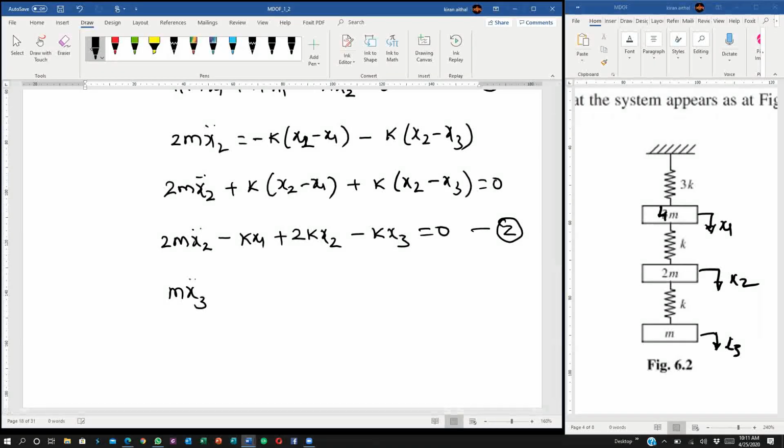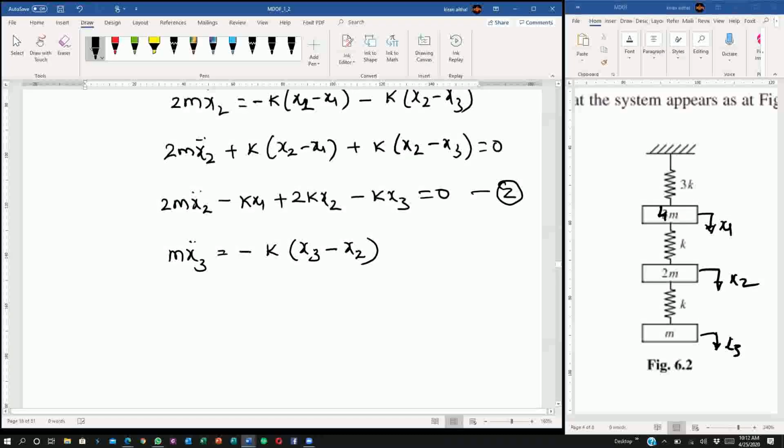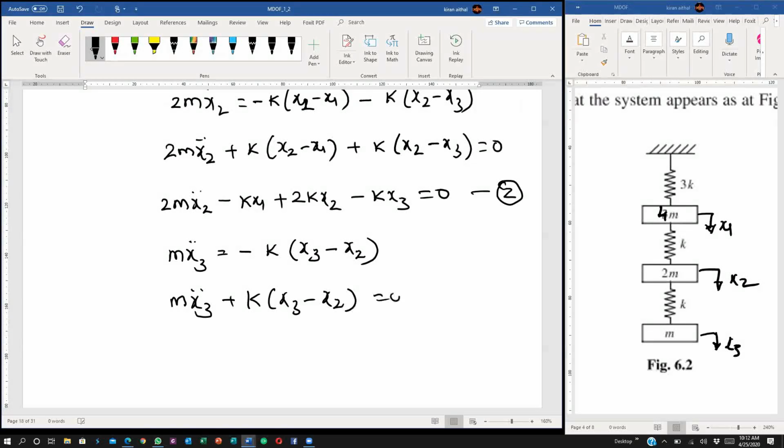m x3 double dot is equal to minus k into (x3 minus x2), correct? If I write this, m x3 double dot plus k into (x3 minus x2) is equal to 0.